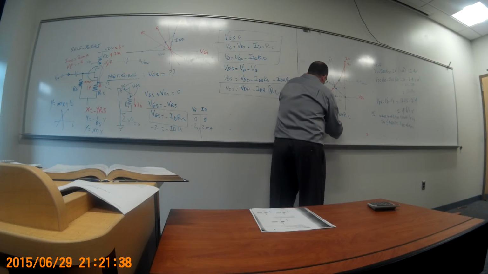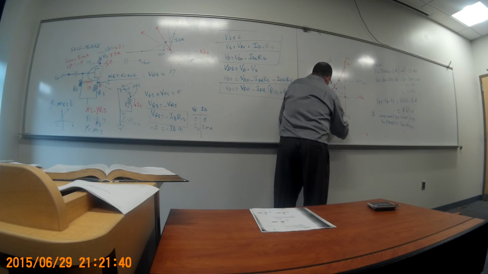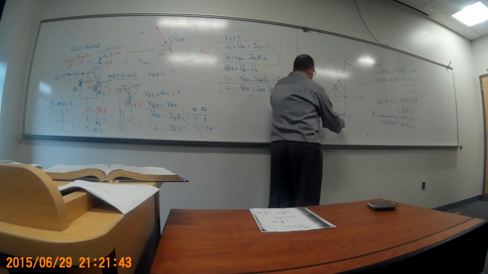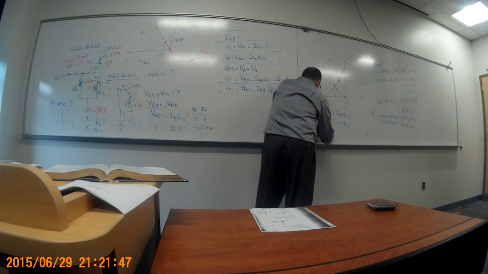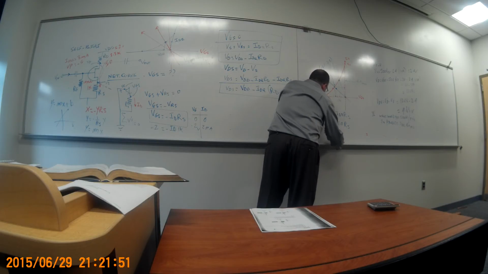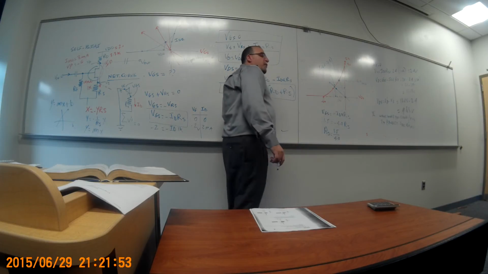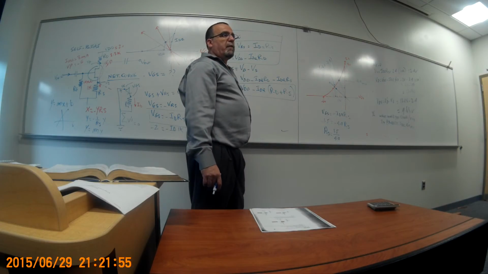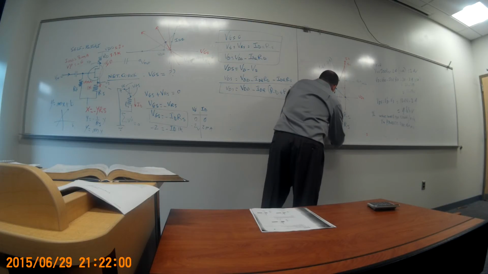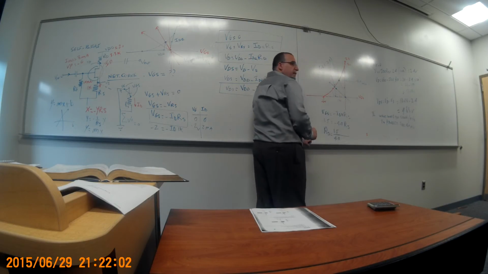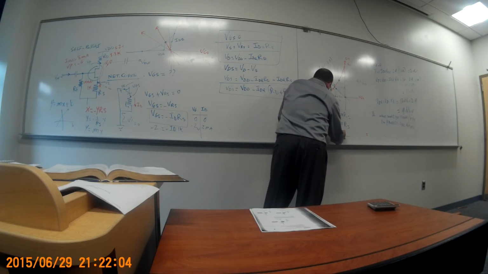So it equals minus 4.0 times RS. Therefore, RS equals 1.5 divided by 4.0. That's a volt, right? That's a volt.